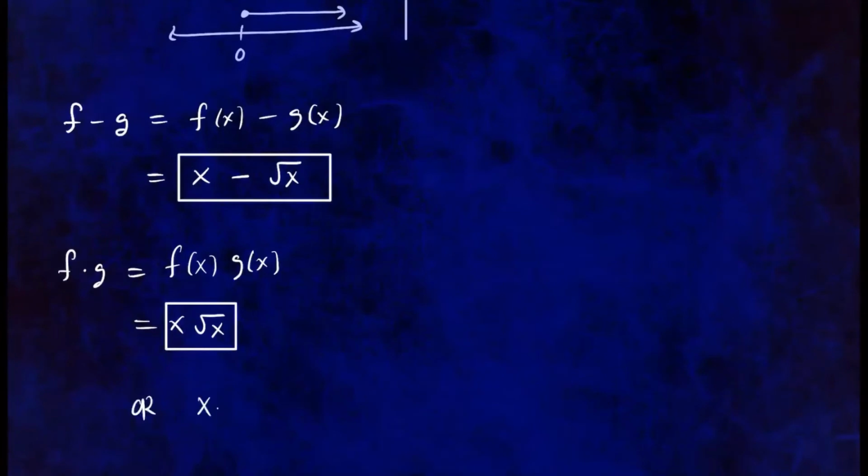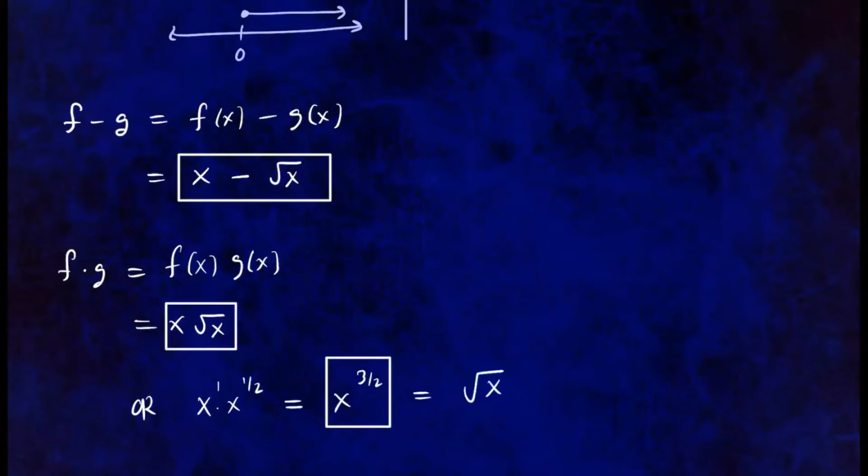So this is x, and the square root of x is x to the 1/2. When we multiply the same base, we add their powers. So 1 plus 1/2 would be 3/2. So this is x to the 3/2. In other words, you can also say this is square root of x to the 3rd power. That's another way to write the same thing.